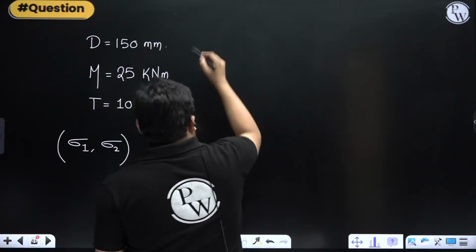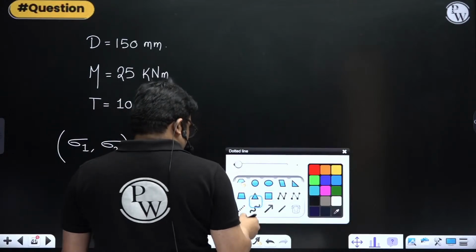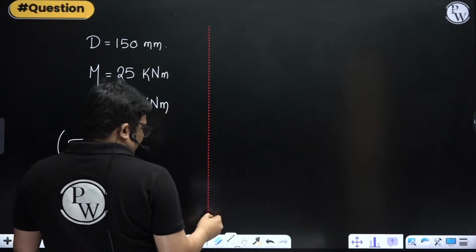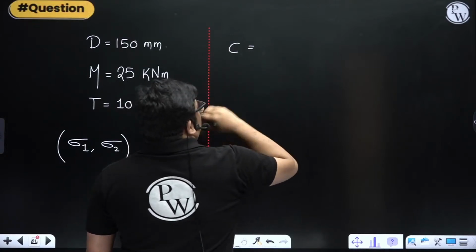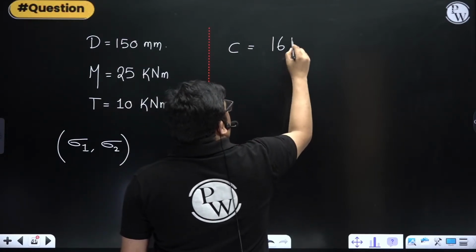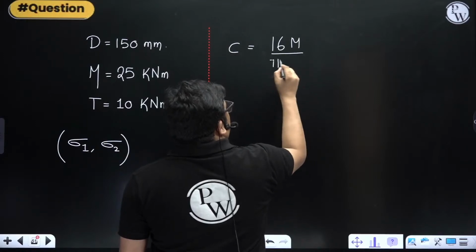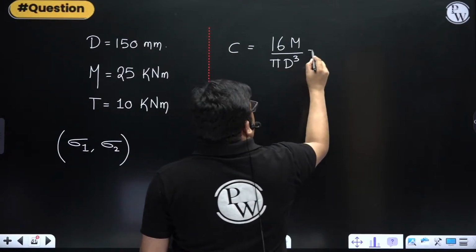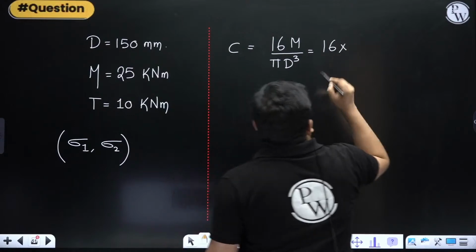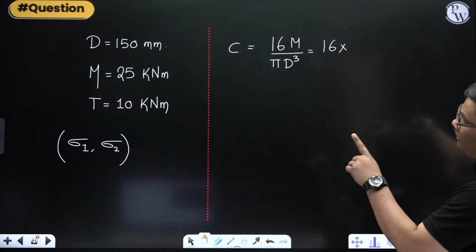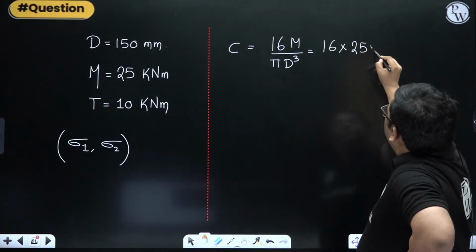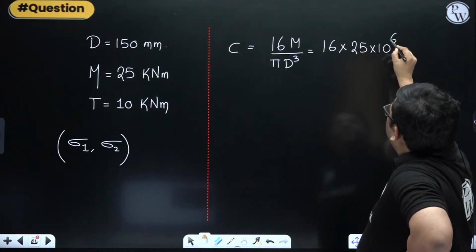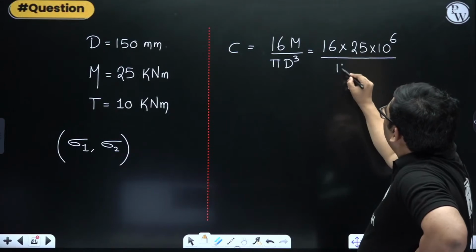First you find out the center of the Mohr circle. What's the center of the Mohr circle? The center of the Mohr circle is 16 M by pi d cube. We have derived it. Now convert everything into Newton mm. So 16 into 25 into 10 to the power 6 divided by pi d cube, where d is 150 cube.